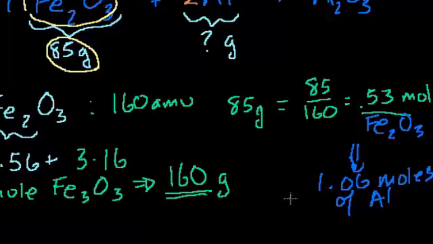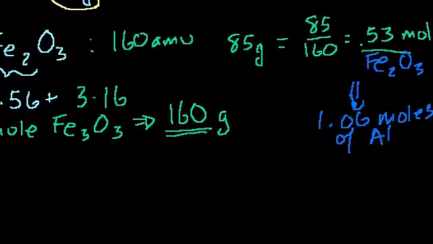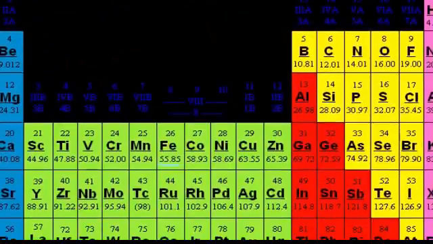All right, so we just have to figure out how many grams is a mole of aluminum, and then multiply that times 1.06, and we're done. So aluminum, or aluminium, as some of our friends across the pond might say. Aluminium, actually I enjoy that more. Aluminium has an atomic weight, the weighted average, of 26.98, but let's just say the aluminium we're dealing with has a mass of 27 atomic mass units.